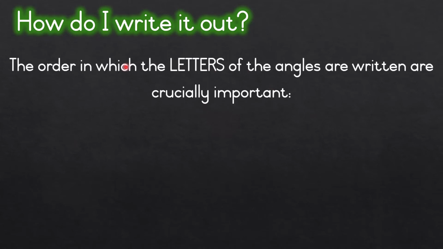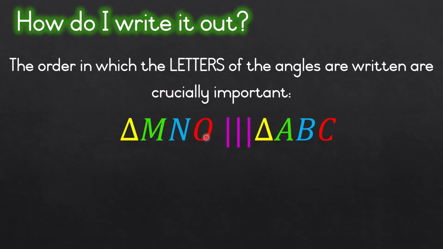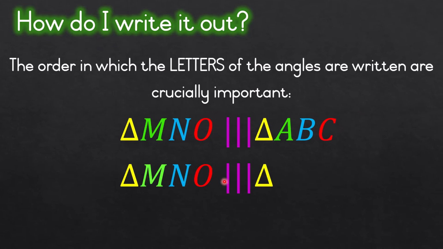The order in which the letters of the angles are written is crucially important. You've seen as I've gone through the previous information that you use the information given to you in that little statement. So if they give you triangle MNO is similar to ABC, that has specific meaning. This has a different meaning, MNO similar to ACB.